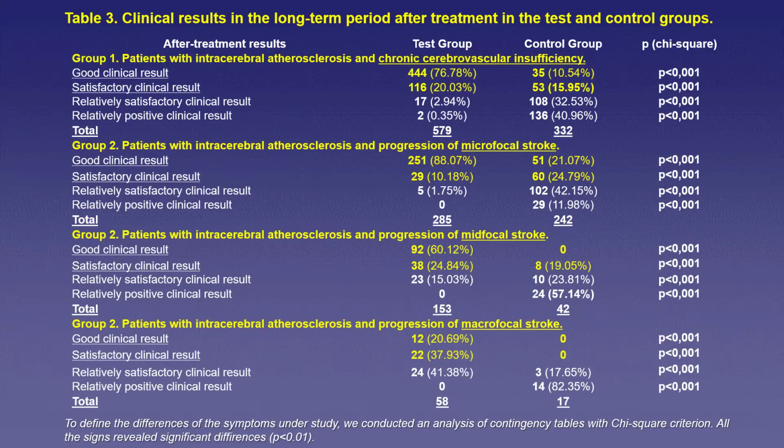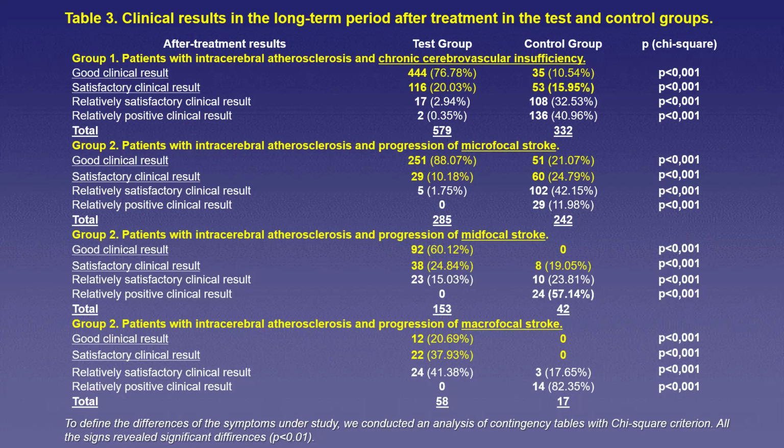I'll give some summary for table 3. This shows clinical results in the long-term period after treatment in the test and control groups for all patients. So for group 1, patients with intracerebral atherosclerosis and chronic cerebrovascular insufficiency, the good clinical results were produced for the test group in 76.78% of patients, and in the control group only for 10.5% of patients.